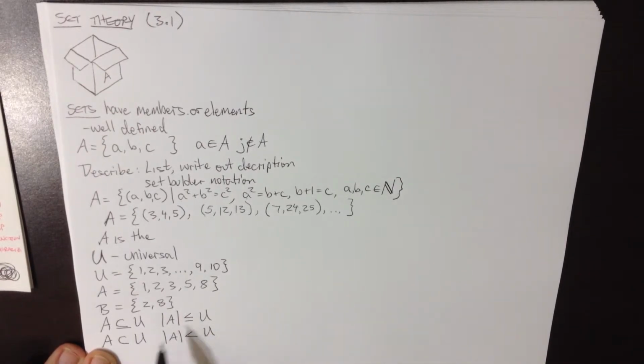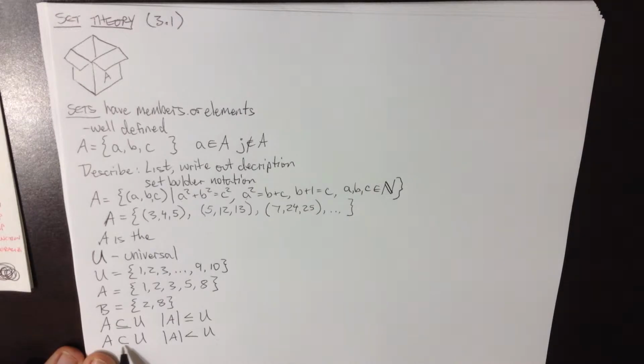Notice I wanted to show this. We say subset when we talk about a set being a subset of the universal set. We're saying that it can be smaller in quantity of elements or equal to the universal set.